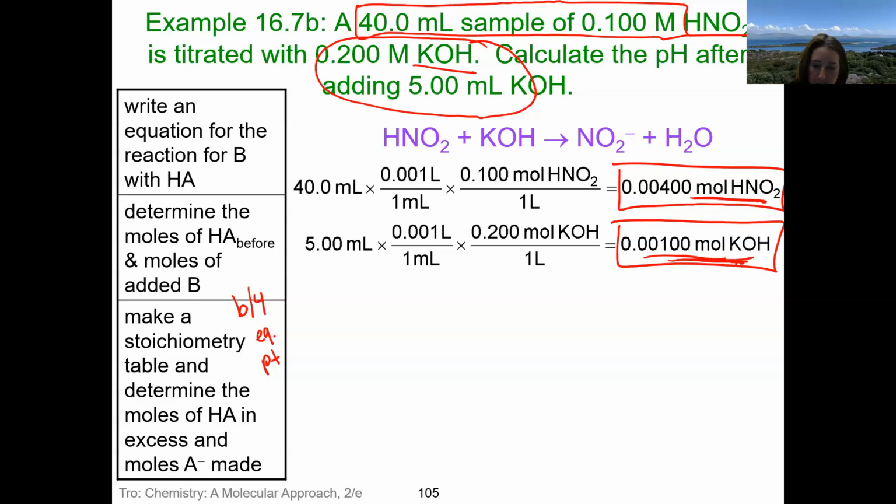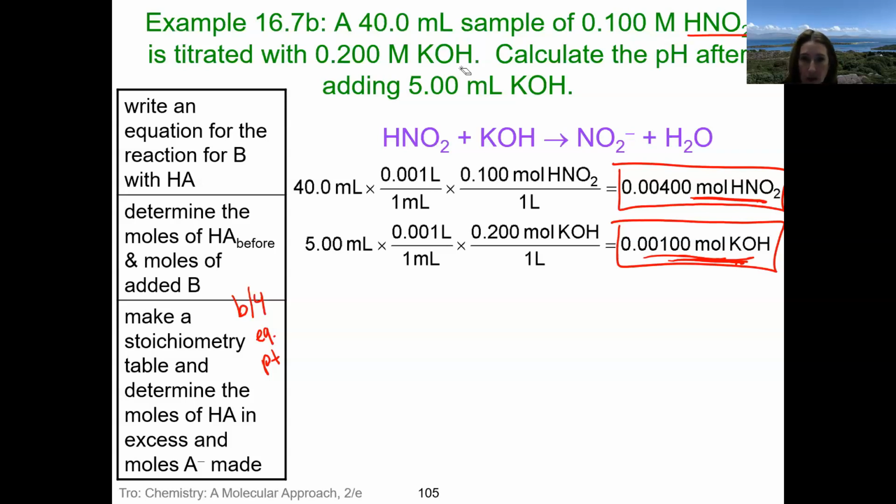Sometimes I do my moles table right on my equation or in a table. I'm just going to do it in the equation right now. So I have 0.004 moles of this, right? And I have 0.001 moles of this. So this is going to go down by that amount. This is also going to go down by that amount, but this is going to go up by that amount.